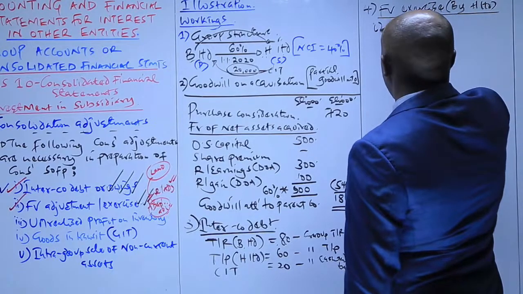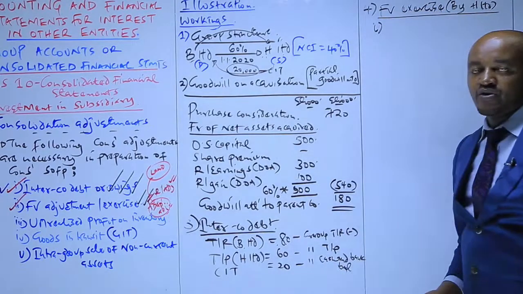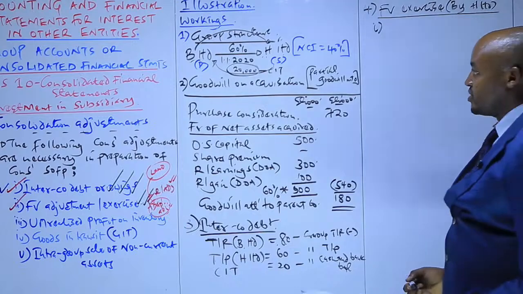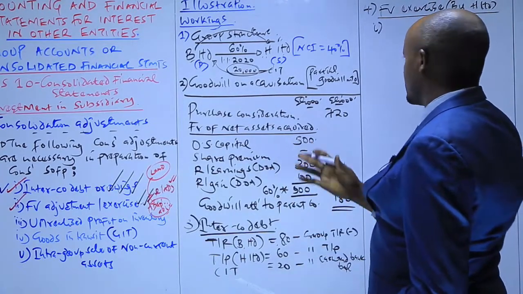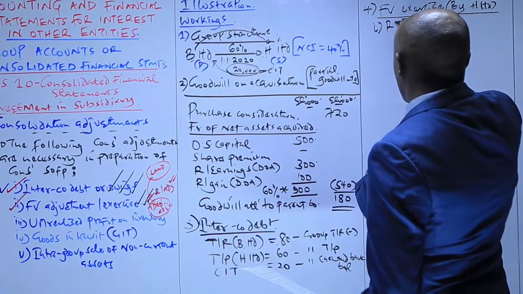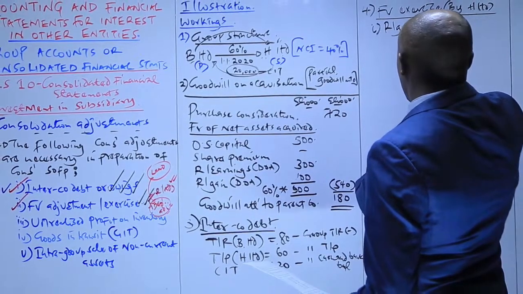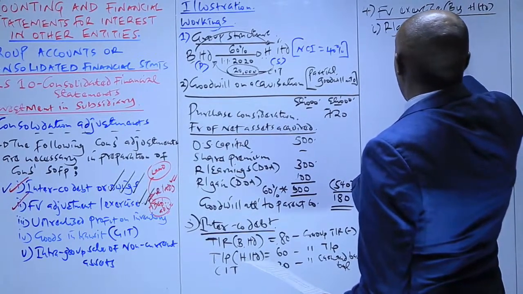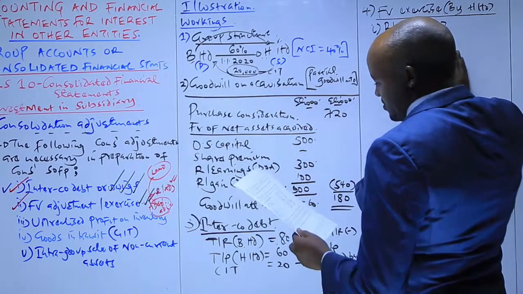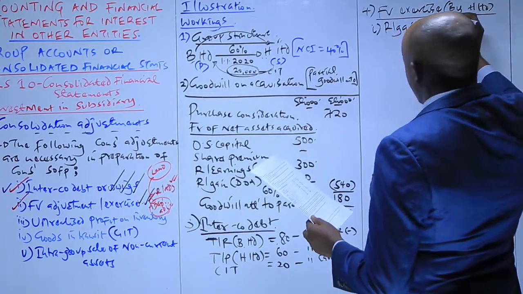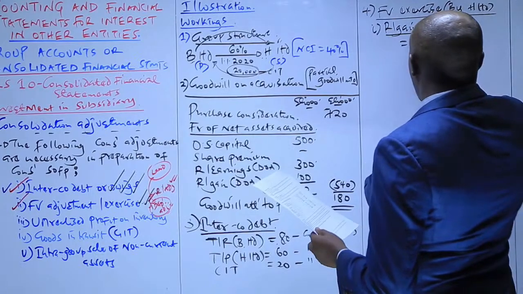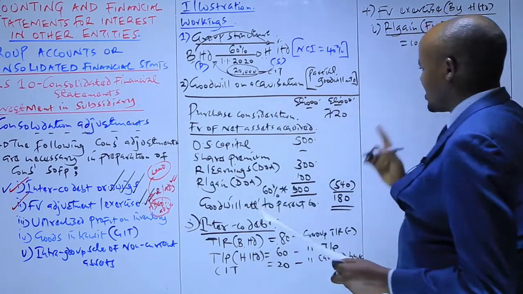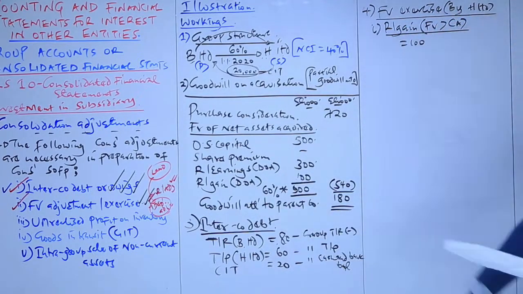Because H Limited did not account for that revaluation, we have said that there are 2 items which we need to adjust in our consolidated statement of financial position. The first one is the revaluation gain. Why revaluation gain? Because we are told the fair value of that item exceeded the carrying amount by an amount of how much? 100,000, not million, 100,000.